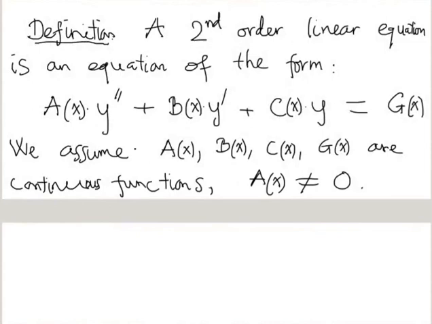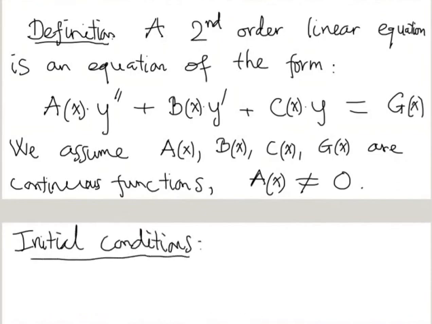This is a second-order differential equation because we have y double prime. And for this equation, y is the unknown and x is the independent variable. Initial conditions for such an equation: because we have a second derivative, initial conditions will contain two things.